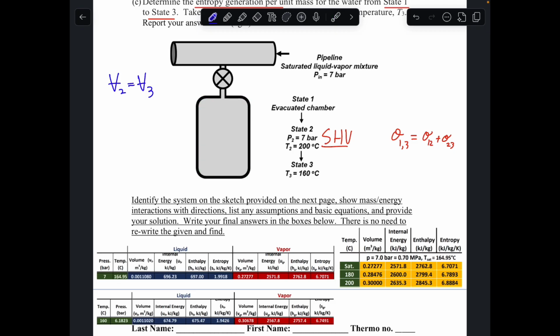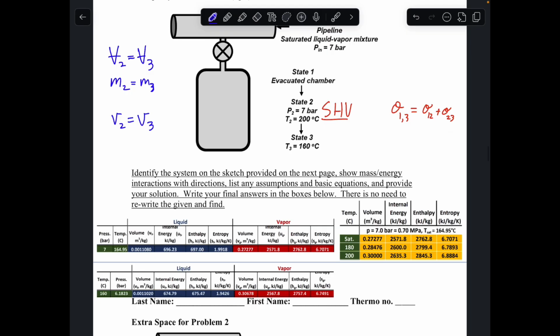And also, from state 2 to state 3, the mass isn't changing, so m2 equals m3 because there's nothing coming in or out here. And specific volume is just total volume divided by mass. So if V2 and V3 aren't changing and m2 and m3 aren't changing, then our specific volume at state 2 is equal to our specific volume at state 3.